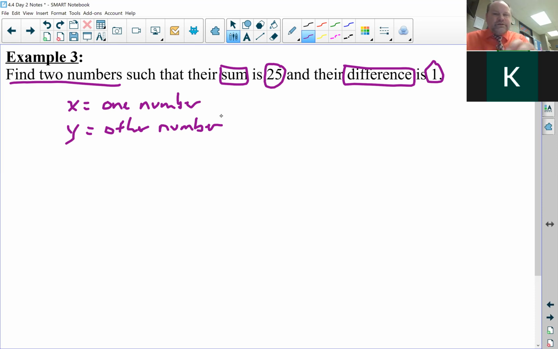Sum means add. What about difference? If I'm finding the difference, what am I doing?